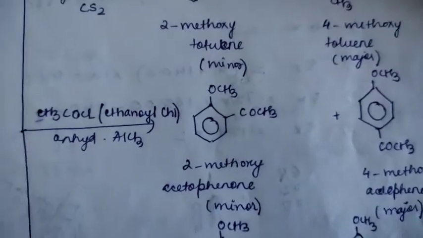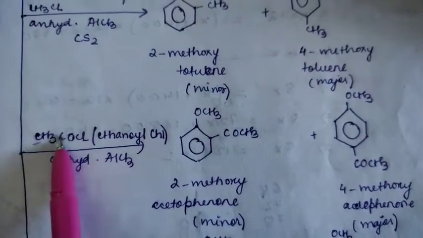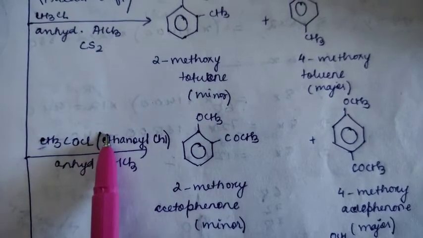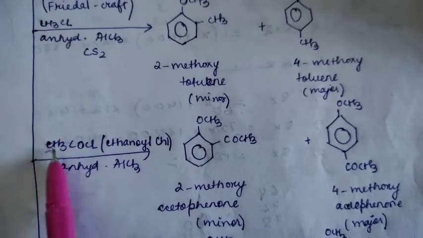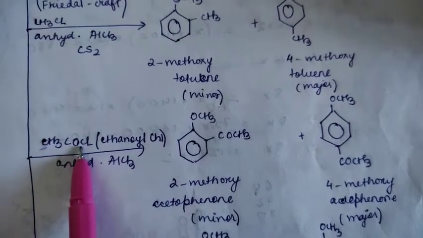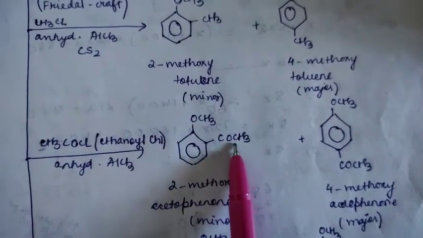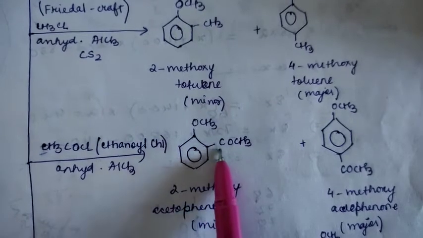Now for acylation you will take ethanoyl chloride. The attacking part is CH3CO, because Cl is negative, like in HCl, H is positive, Cl is negative. So here also this part is the positive part and Cl is the negative part, and this positive part will attack the hydrogen in the ortho position, that is COCH3.